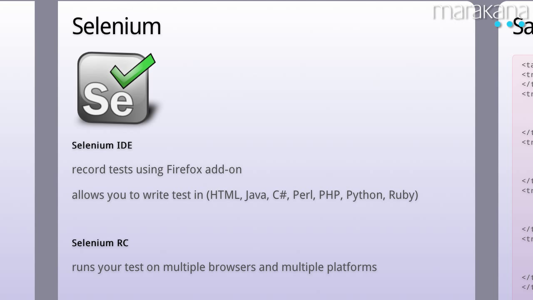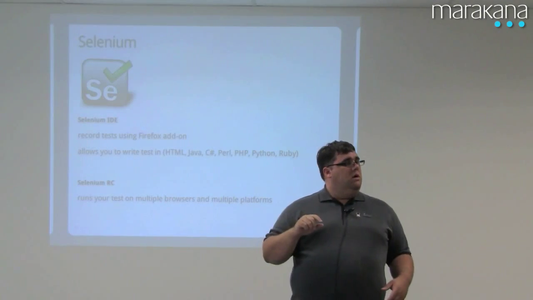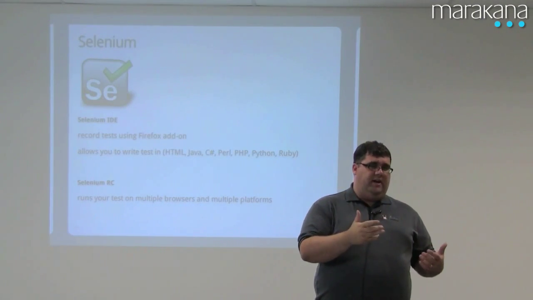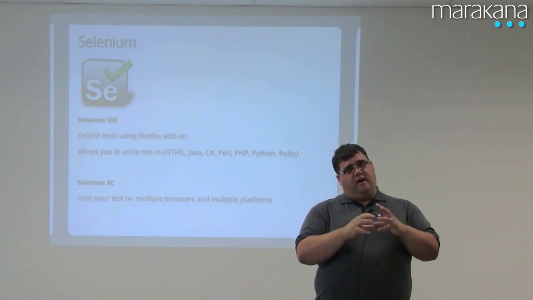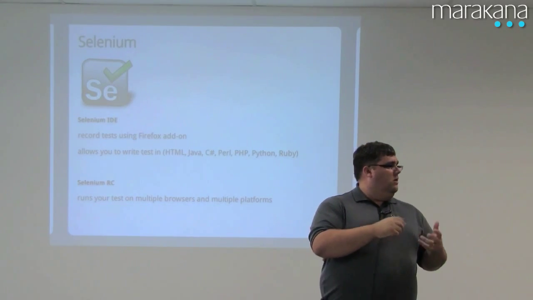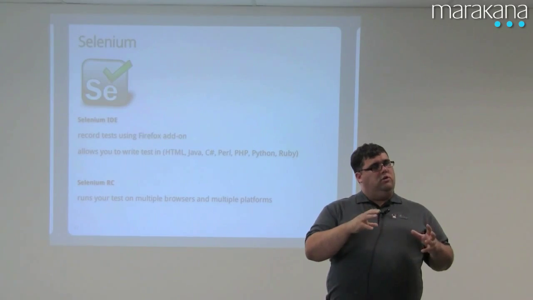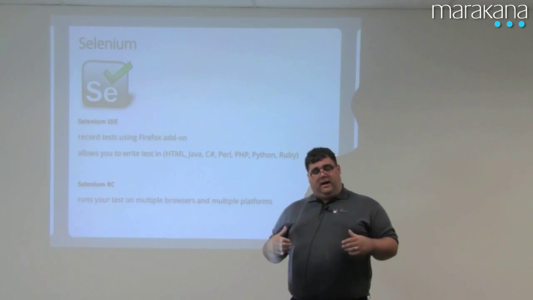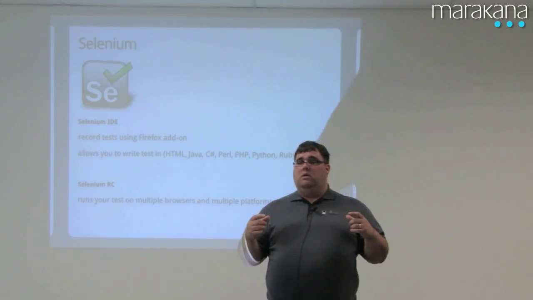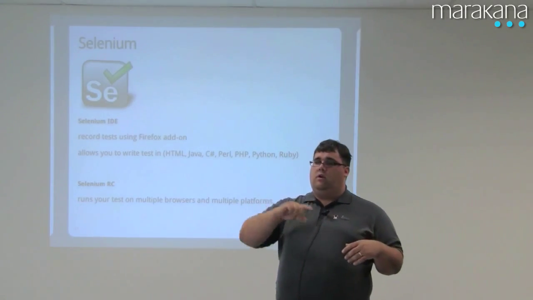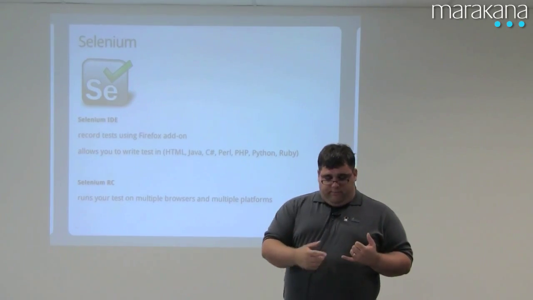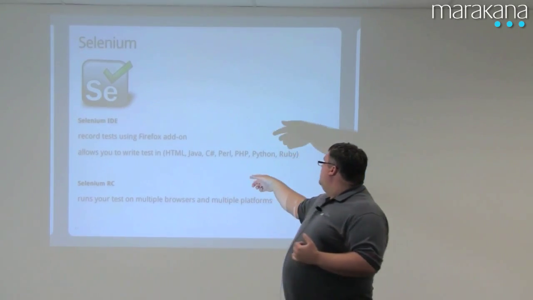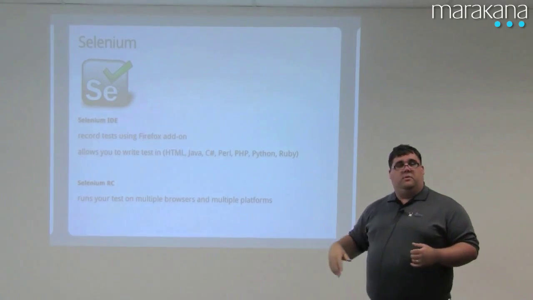You turn on the recorder, click around, do the various things that you do, and then you can right click on things, because it's a plugin, and say verify text, things like this, so that you build up a test case. That comes out in HTML, and then that test case can be converted into various languages: Java, C#, Perl, Python, Ruby, whatever.